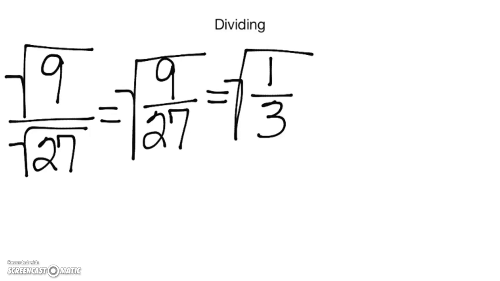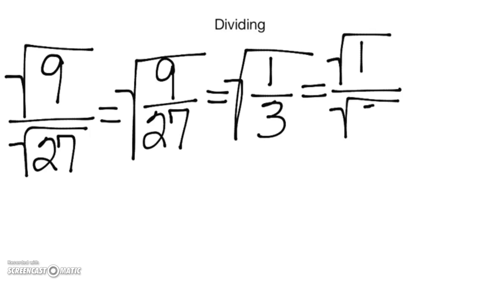So from here, we could also break this back down into its component parts, square root of 1 and square root of 3. And from here, we have a bit of a problem. You can't have a radical in the denominator. So it is an issue here that we have this square root of 1 over the square root of 3.